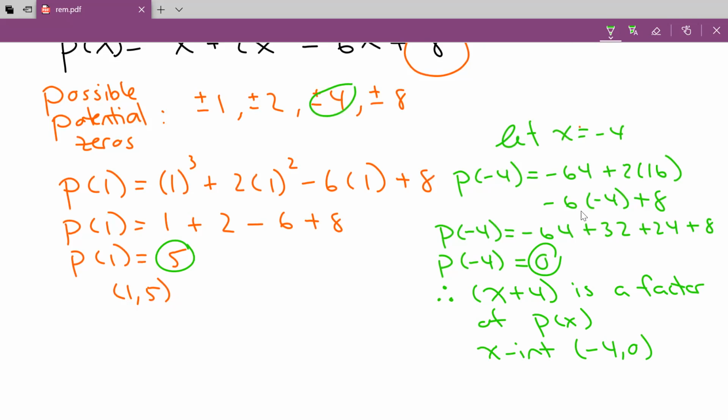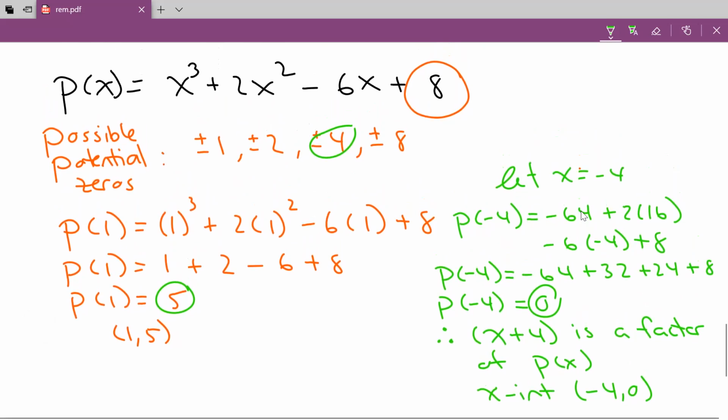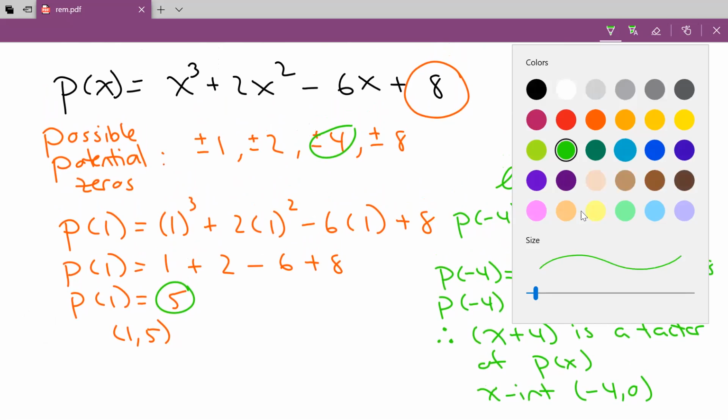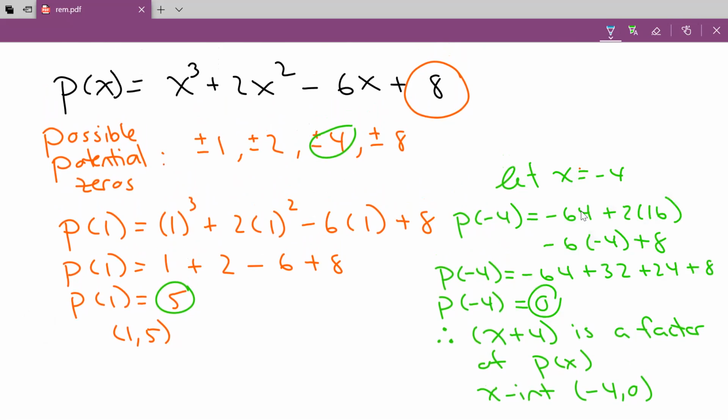Now, wait a minute. You're telling me I might have had to have searched through 8 different possible factors before I got this one right? Technically, yes. However, let's be smart about this. You have a graphing calculator.